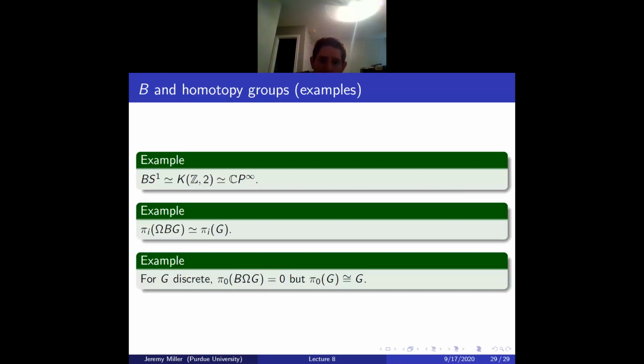So the point is, if you apply B to loops G, pi 0 of this is going to be 0, but pi 0 of G is going to be G. Now you might ask what I mean by B loops G. Loops G actually is a group.